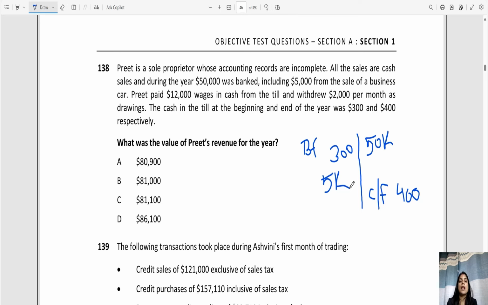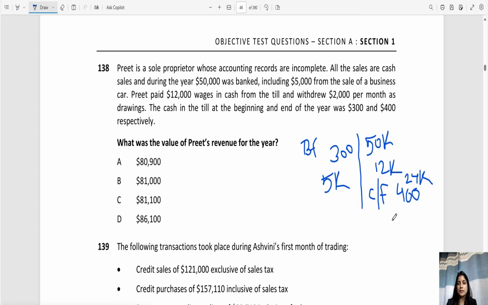Preet paid 12,000 wages in cash from the till, so they have paid wages of 12k, and withdrew 2,000 per month as drawing. So it means on a yearly basis it will be 24k, right? Yes. So let's add the debit and credit side. We can see the credit part will be more than the debit.